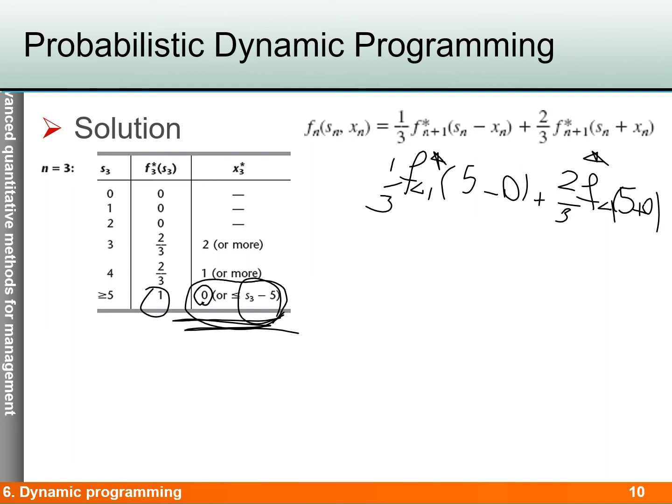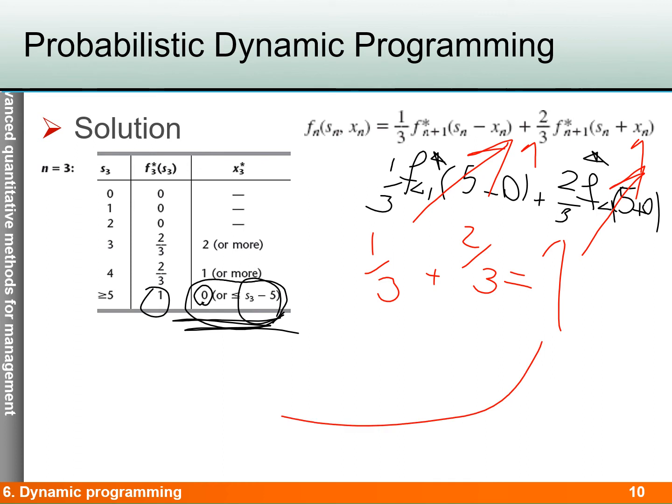So here is f4 star 5, and here is f4 star 5. Both of them are 1. So 1/3 plus 2/3 is equal to 1. So this one is the one that we see in our table. Let's continue with the table n equal to 2 to learn it better.